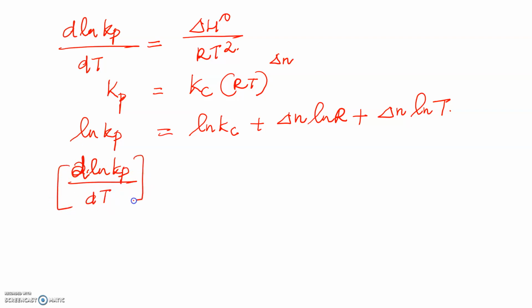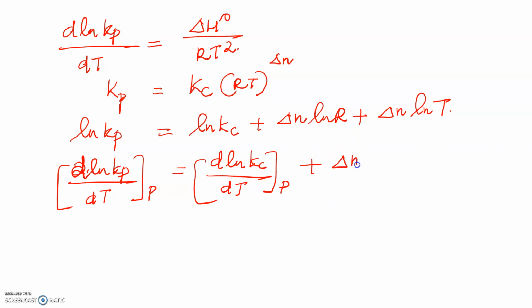Now what is d ln Kp by dT? Let it be at constant pressure. This will be equal to d ln Kc by dT at constant pressure, plus, since this term does not have a temperature term it cancels out, plus delta n into d by dT of ln T, which is 1 by T, so delta n by T. But what is d ln Kp by dT at constant pressure?